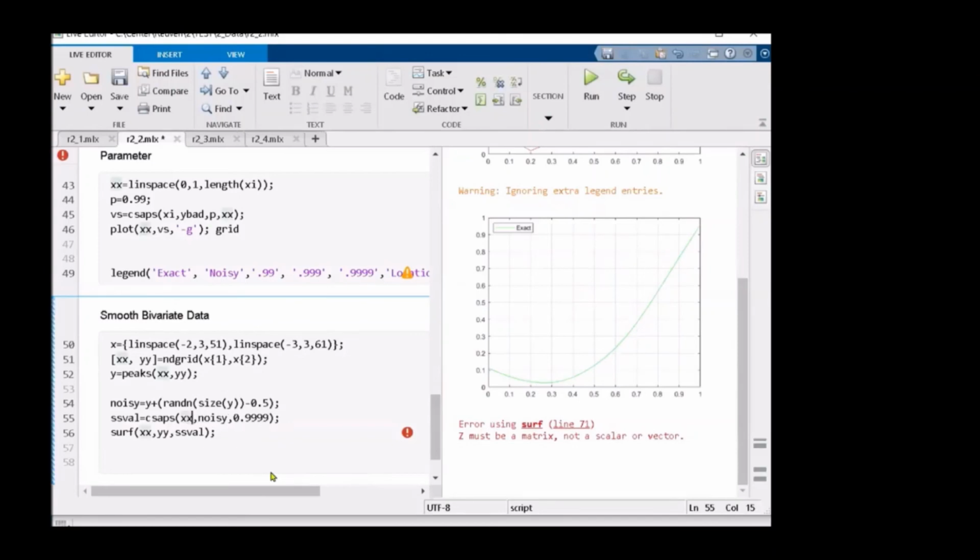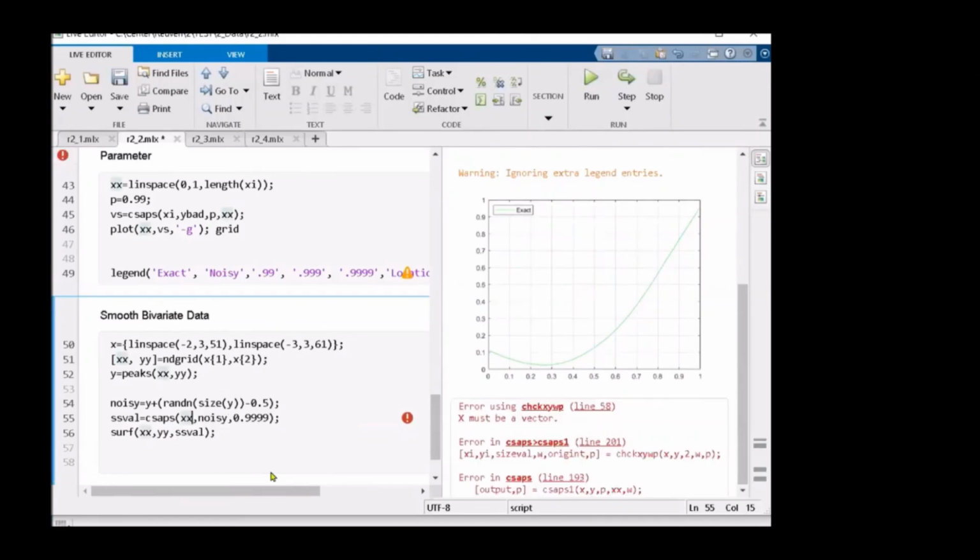I think the input to csaps is x and it should be y. Yeah, right, it's my fault, sorry. Right, now let's see. No, again, x must be a vector. X is okay, y is okay, noisy should be y.